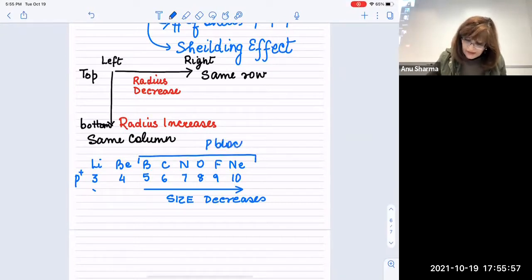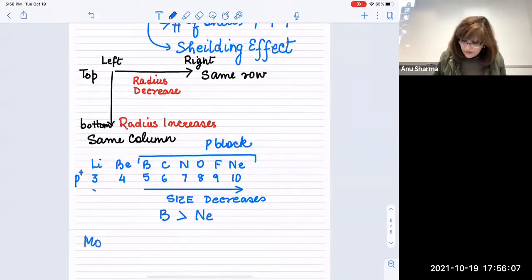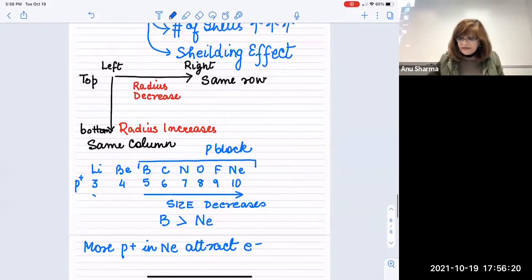So if you compare them, boron has a bigger size than neon, because neon has more protons. The more protons in neon attract the electrons. Now keep this in mind, that this is in the same row.